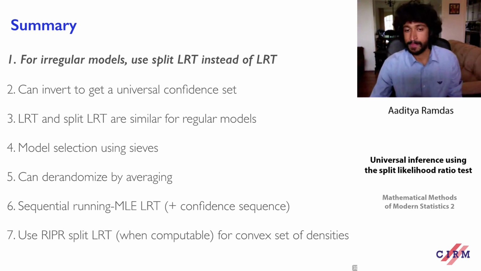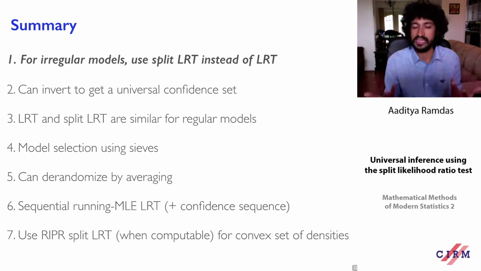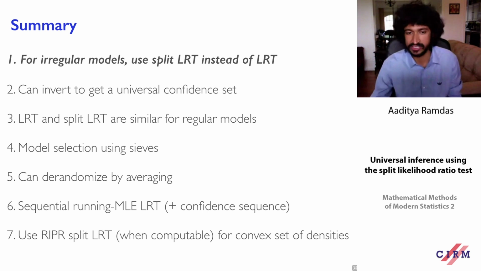You can do model selection using sieves. You can de-randomize the test by averaging. In fact, that's what we recommend in practice: run the cross-fit version, or if you have some more computational time, do a few subsamples, repeat this and average all of those. It helps a lot in practice in our initial experiments.